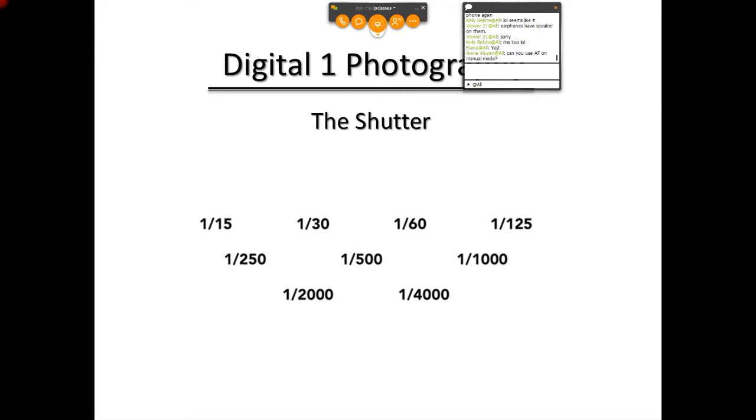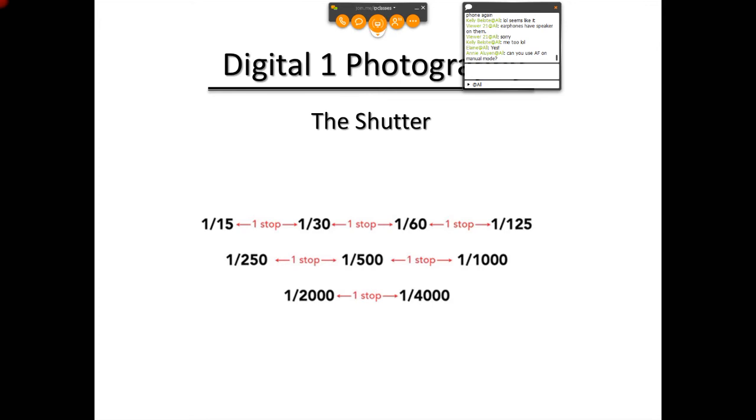So 1/15th to 1/30th is one stop, 1/30th to 1/60th is one stop. Here's the weird one: for some reason, 1/60th to 1/125th is in fact one stop, even though the math doesn't work out. And then you'll see it goes back to doubling every time. So you can see one stop, one stop, one stop, all the way up. If you can do the math from wherever your setting is, that's basically what you're looking at.